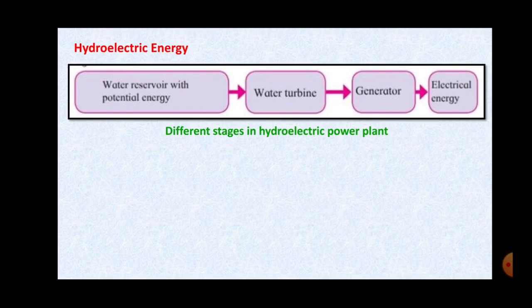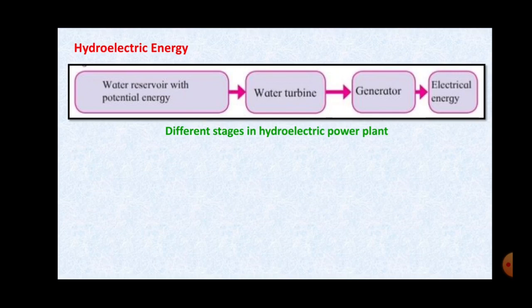Now this kinetic energy, which is due to the fast flowing of the water, falls on the turbine, which is placed at the lower level, because water falls from a higher level. So it falls on the turbine with great speed, and this kinetic energy of the flowing water starts turning the turbine, right?